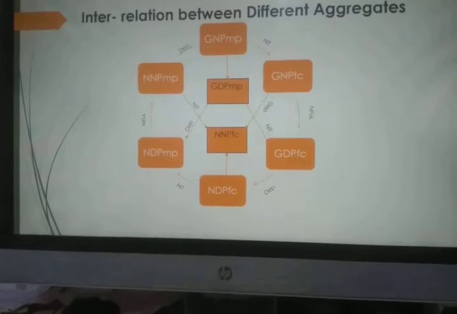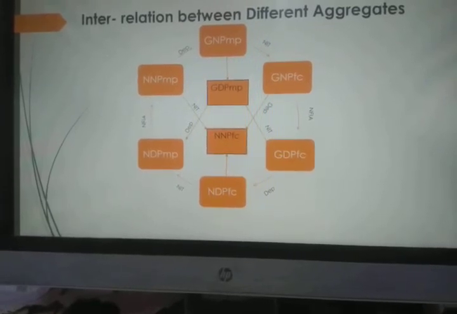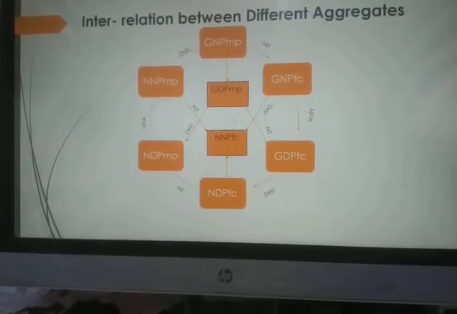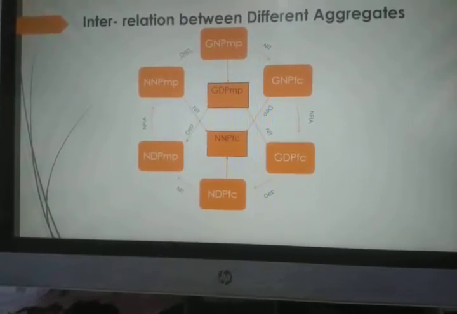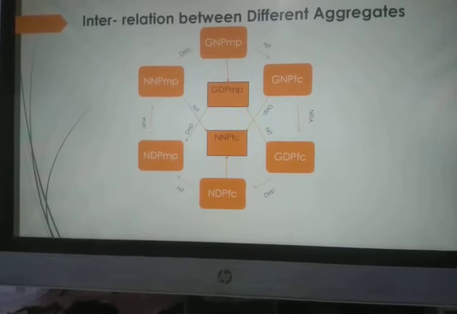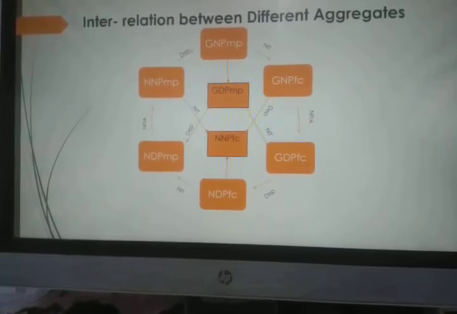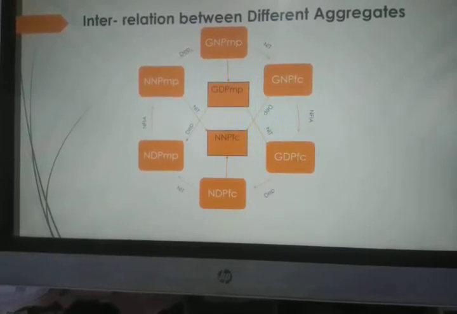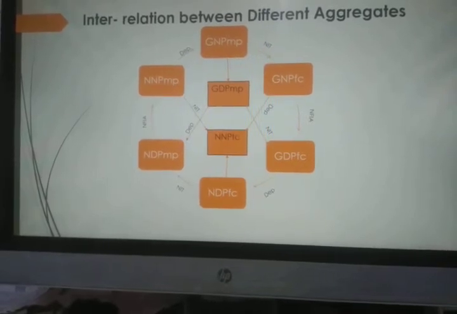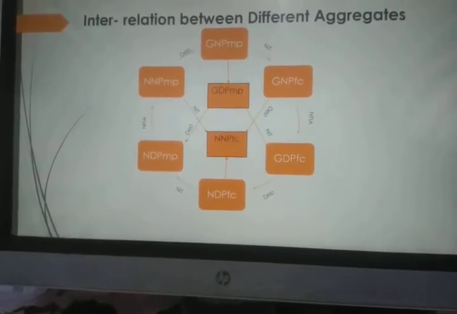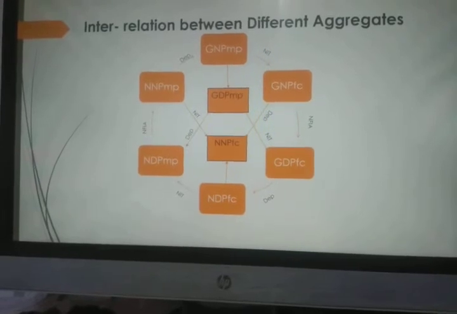Now, here there are two options which are open for you to decide and tell me how you are going to estimate that. From GNP MP, you have to arrive at GDP MP. So tell me what you are going to do.